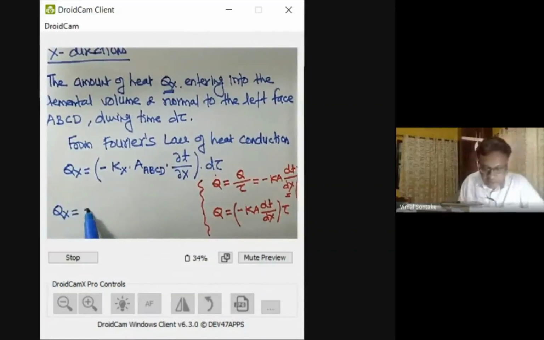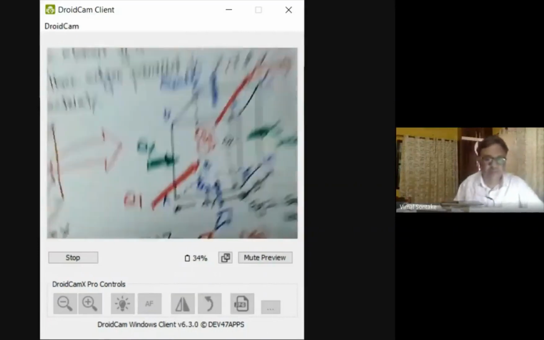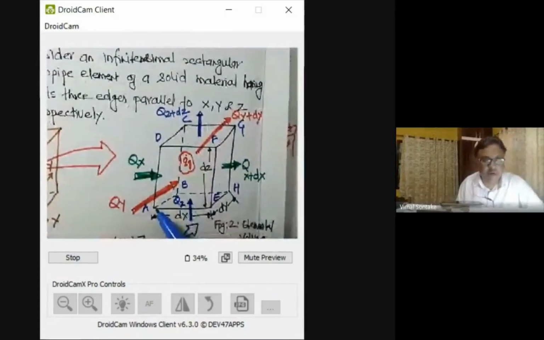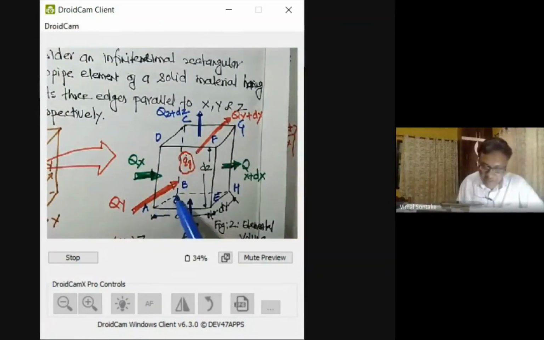Qx, I can also write it as minus Kx. And what will be the area ABCD? Area of ABCD normal to the heat flow Qx is nothing but this dimension multiplied by this dimension. So this dimension is nothing but dy, as you can see here.